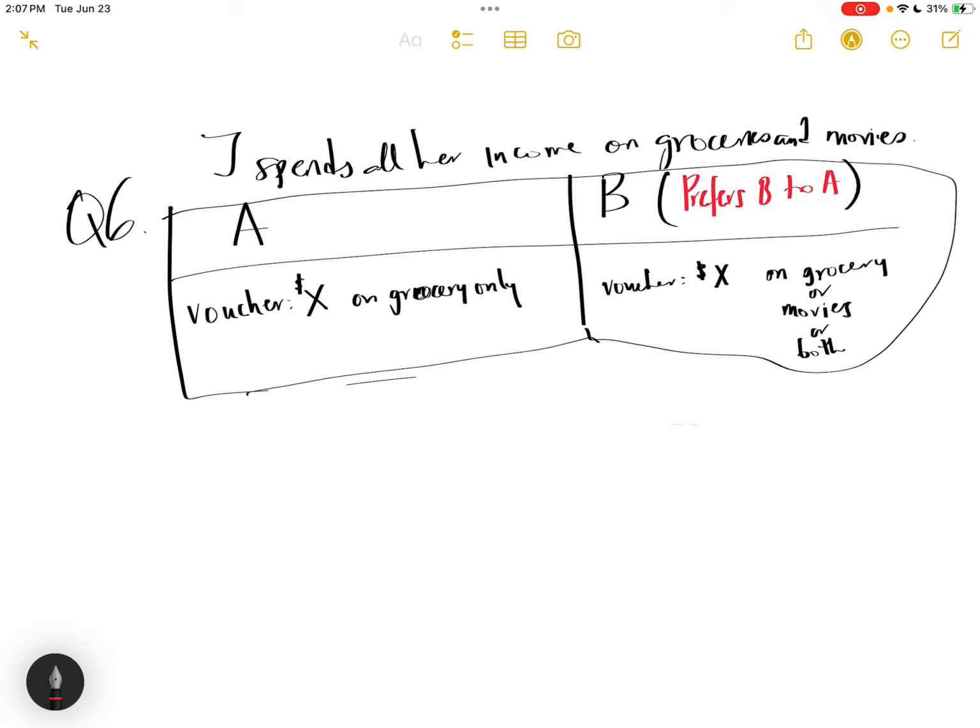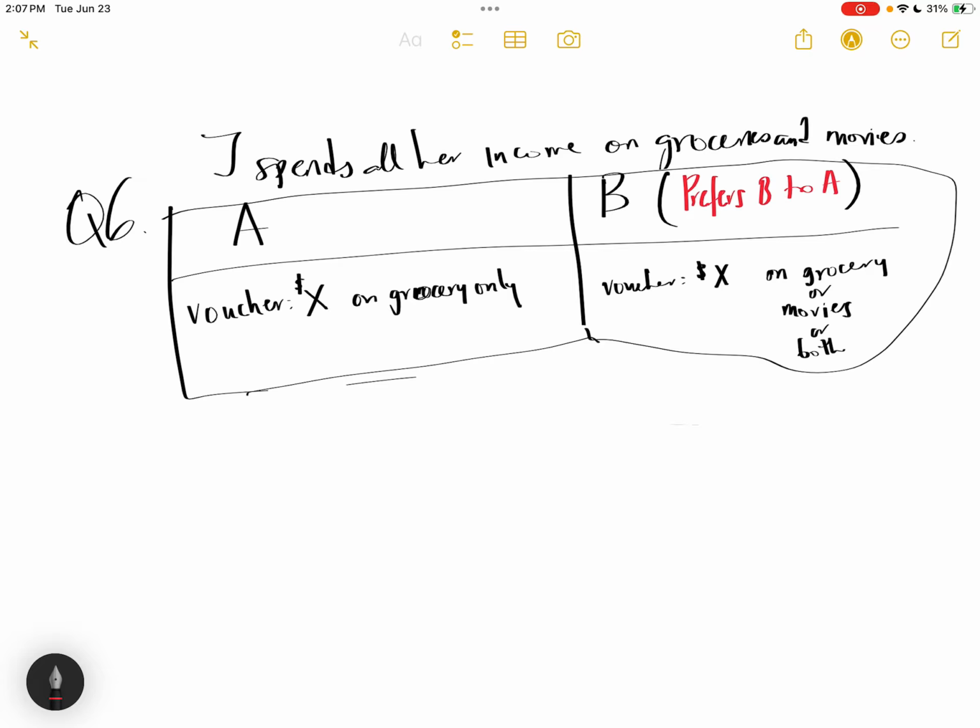Now, option A, consumer J is going to get a voucher, some cash, and she'll be restricted in option A to spend that cash only on grocery. Option B, the consumer will be given some cash, X, that they can spend on grocery or movies or both goods. Now, the consumer prefers A to B, and we're going to see why that is so.